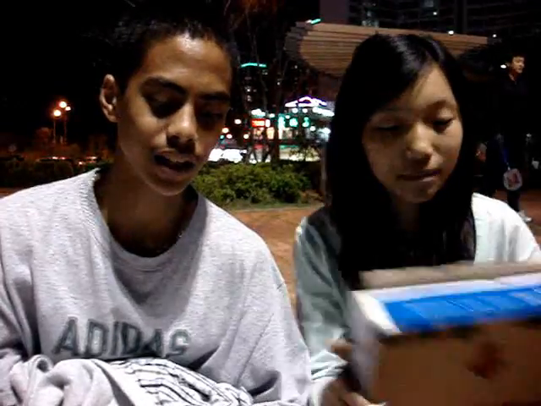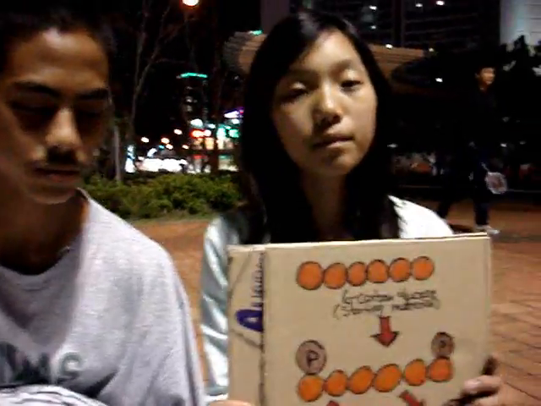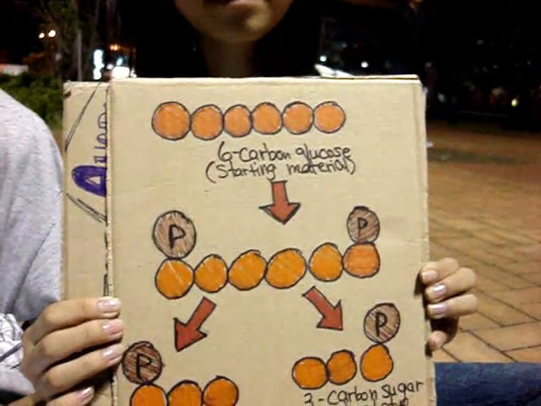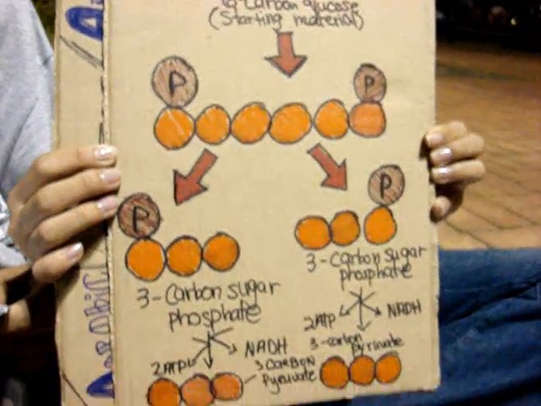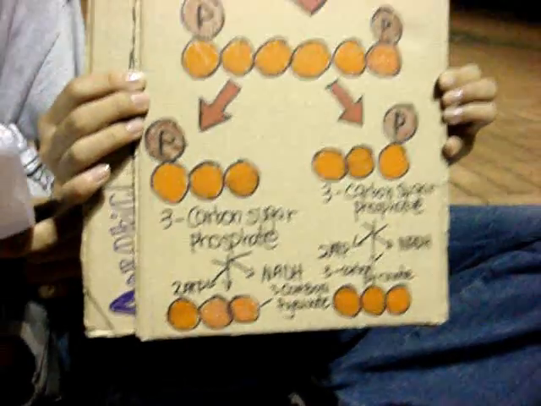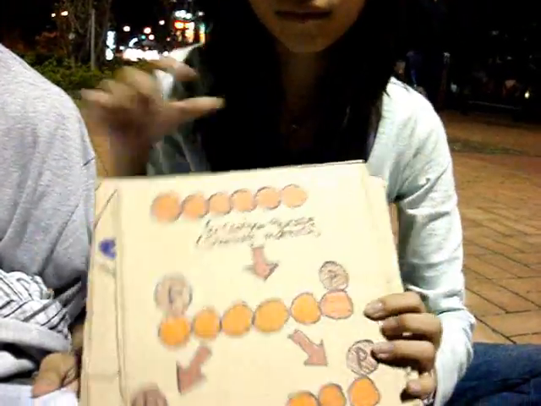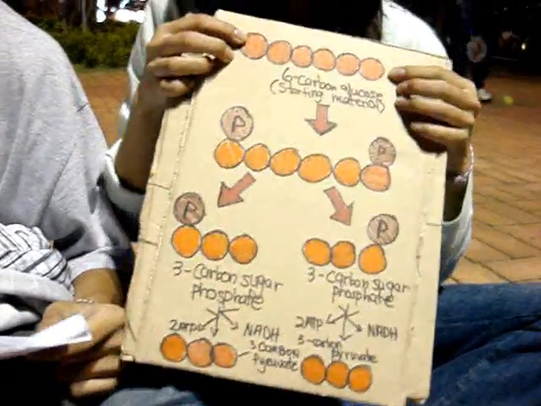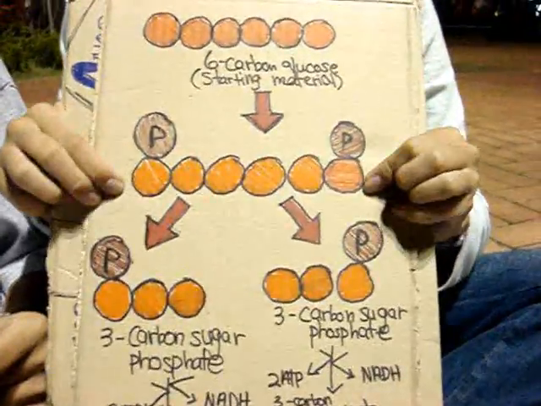Now, I'll be explaining a process called glycolysis. Glycolysis is the process in which glucose is broken down into a simpler sugar called pyruvate. In glucose, there are 6 carbon molecules. In the beginning of glycolysis, 2 phosphate atoms are bonded with the carbons.